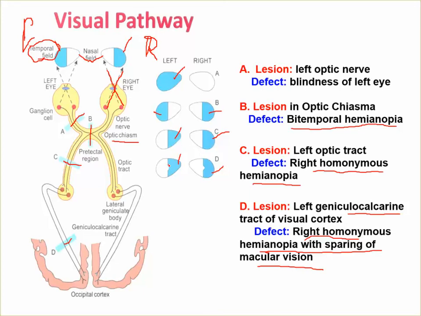So that's called macular sparing over here. So this is how we need to identify the parts of the visual pathway, and when there is a lesion at different levels, what are the defects which occur. Okay, thank you.